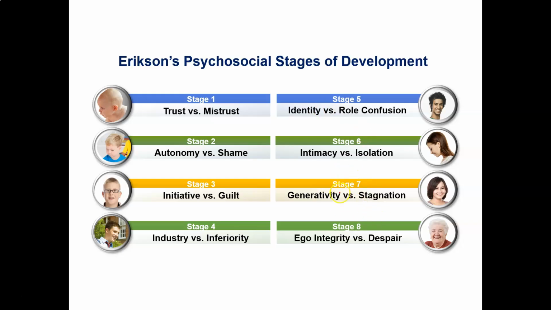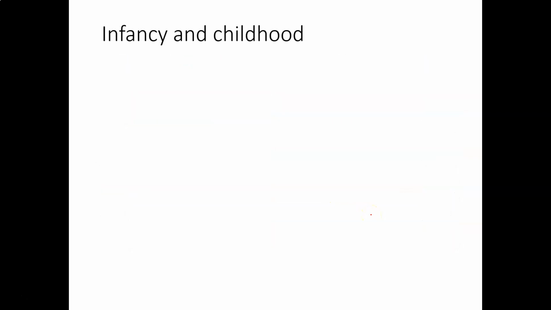And then many of the parents of the kids who are teenagers are undergoing the stage 7 conflict. So that's why I chose those 3 to focus on for this lecture. But if you're curious about these other stages, certainly you can look them up and do some reading on them.